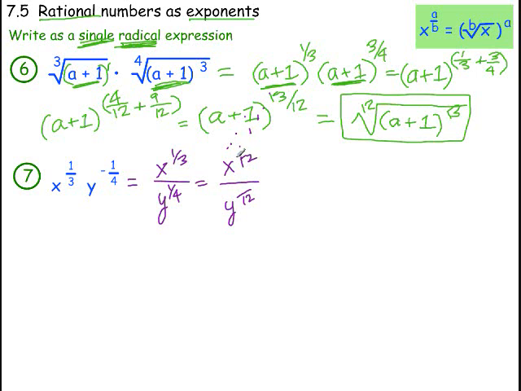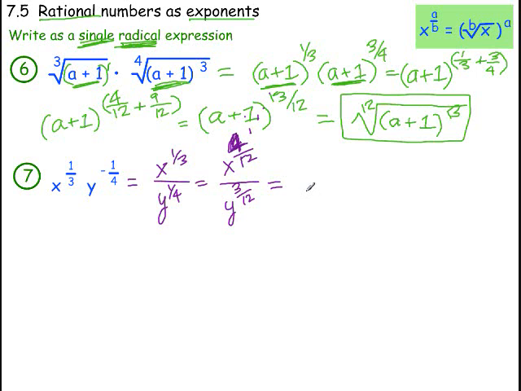Now, of course, when we increase the index from 3 to 12, we have to increase the power. Keep that just the same. That's going to be a 4. Make it a nice big 4. What a mess. And this will be a 3.